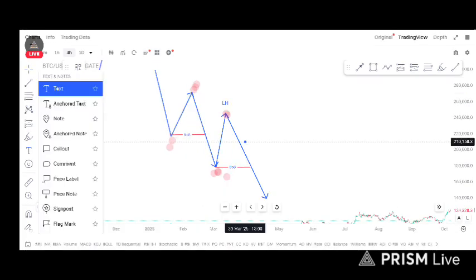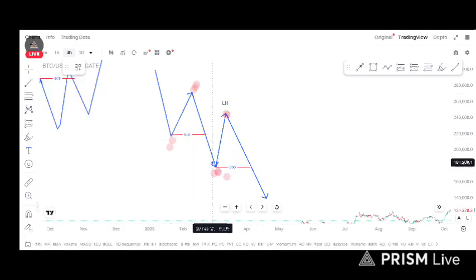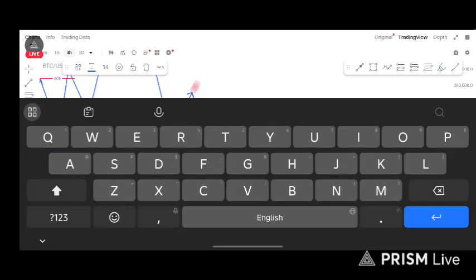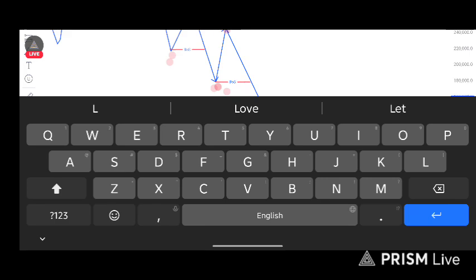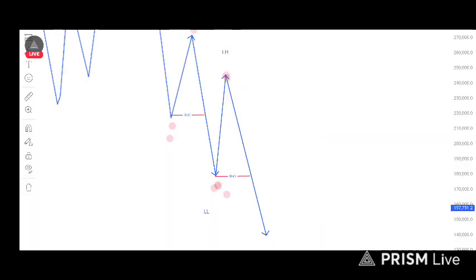And here we have a lower low, which is a low that is lower than the previous low. So we now call this one a lower low. Very simple.